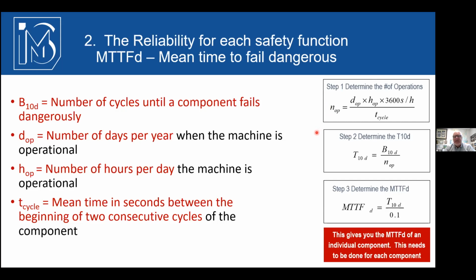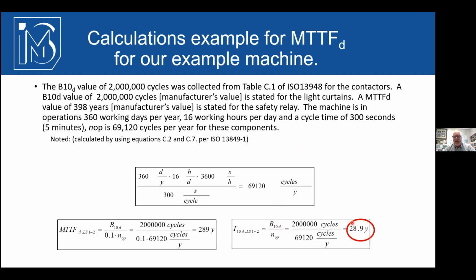And you'll end up getting through these calculations how many years we can expect this thing to be as reliable as we would want it to be, to allow, say, my daughter to reach her arm through that light curtain and the machine won't fail to an unsafe state and chop her arm off. The scenario in here is saying basically it'll go almost 29 years before I've got to worry about it, based on how many times I'm going to operate that.